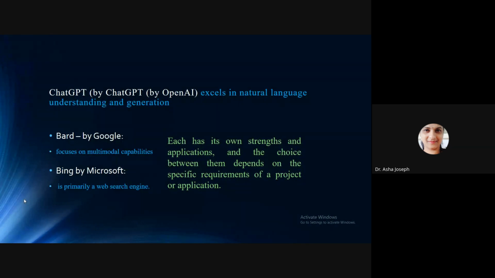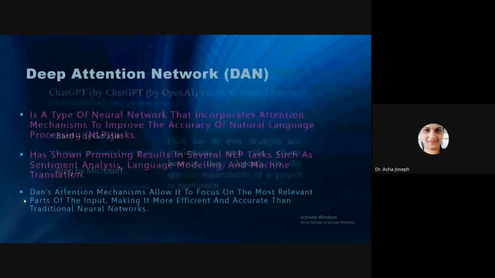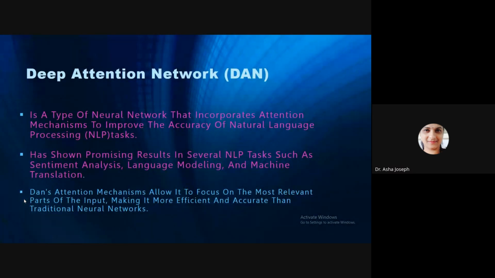In a similar way, Bing's performance depends on its search algorithms and the index quality. So it competes with other search engines such as Google, and it delivers relevant search results and information.